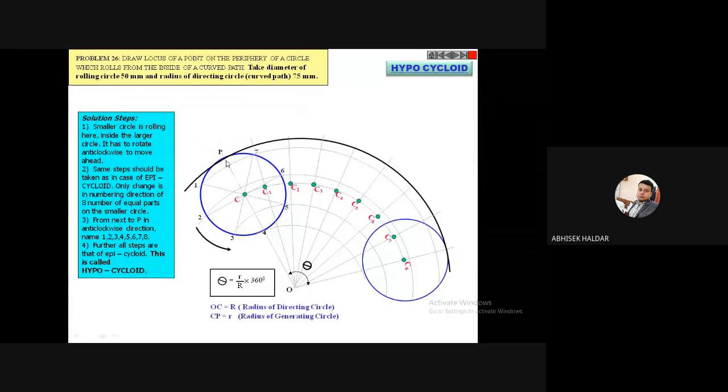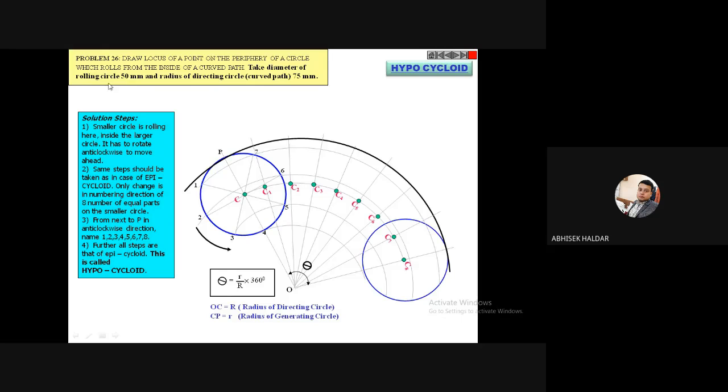But in some cases, say here it is given 56 millimeter. That means the radius will be 28 millimeter. But say for example the diameter given is 59 millimeter.